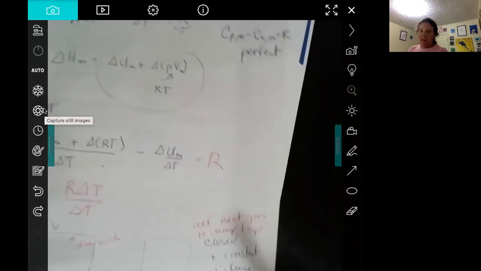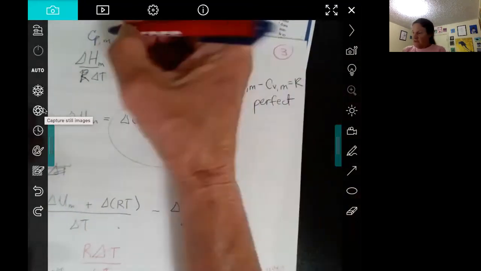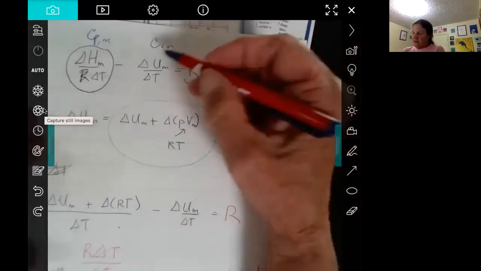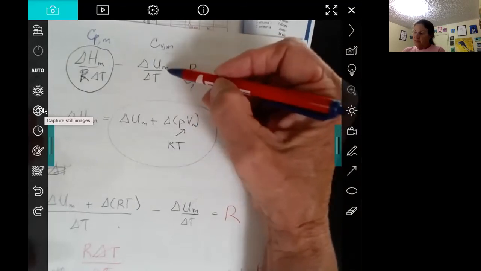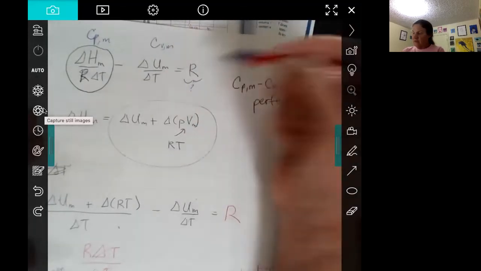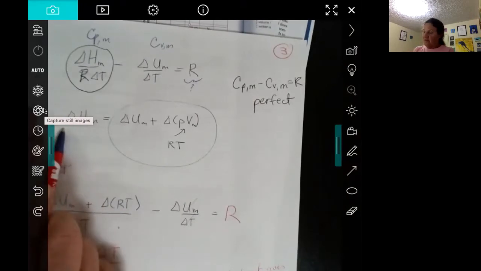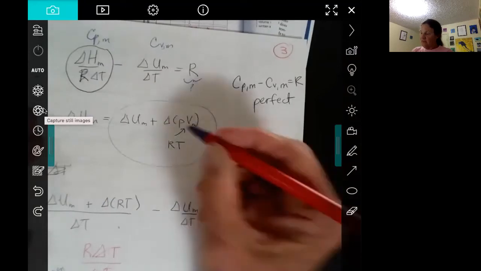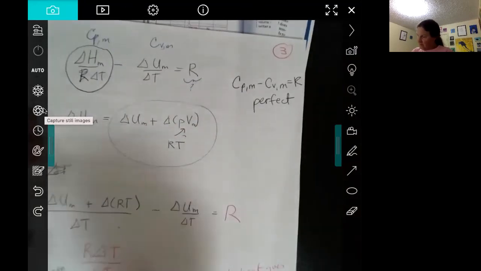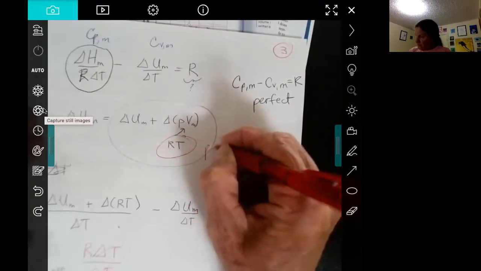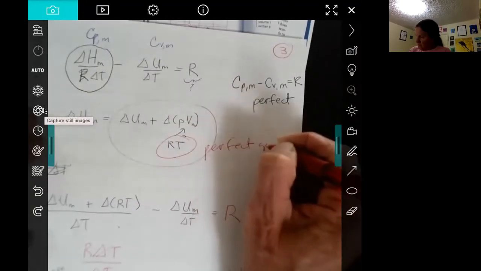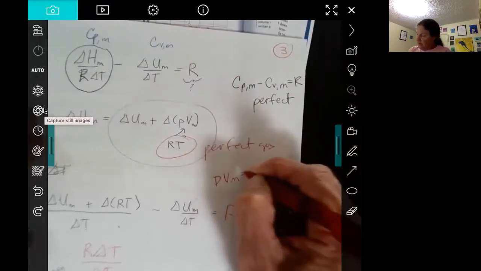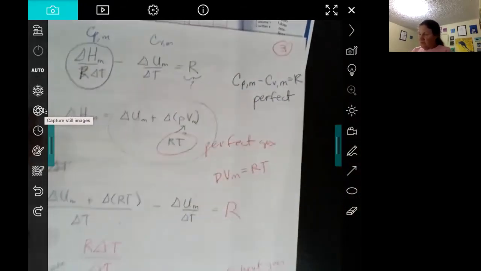So we'll start out and we'll look at our definitions. So this is Cp,m, delta Hm over delta T. Then Cv,m would be delta Um over delta T. And we want to show that equals R. So if delta H equals delta U plus delta PV, and for a perfect gas, if we're talking about molar quantities, then PVm equals RT. We can replace that.